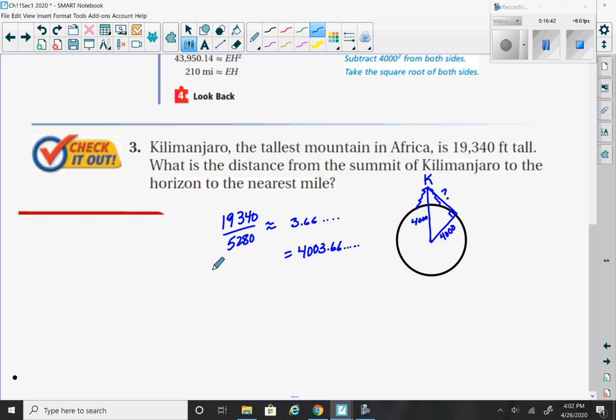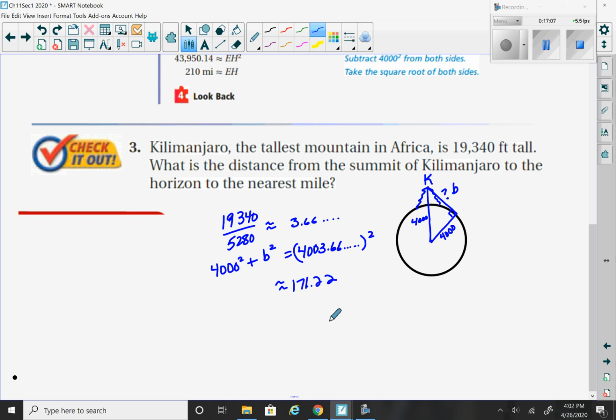So we can say the one leg, 4,000 squared, plus the other leg, I don't know what it is, I'm just going to call it b squared, you can call it b or whatever you want, is equal to your hypotenuse squared. So from here, I'm just going to use my calculator, plug it in, and I came up with about 171.22.